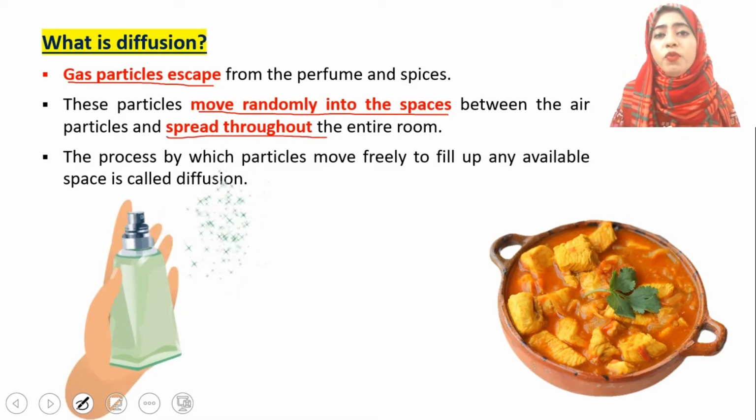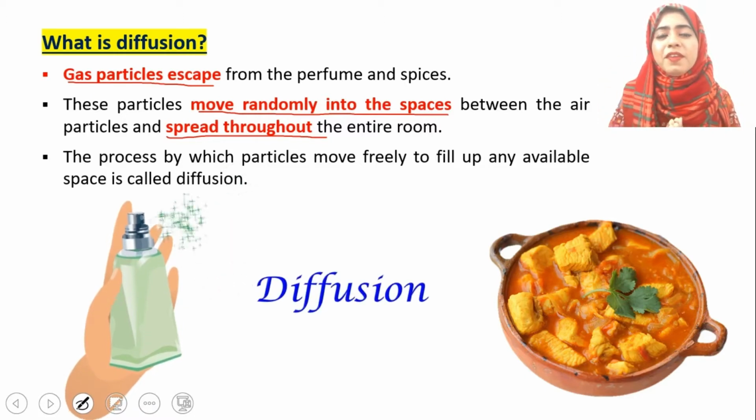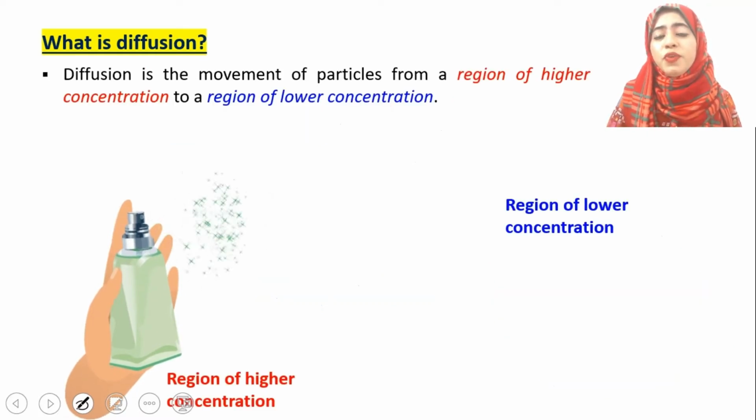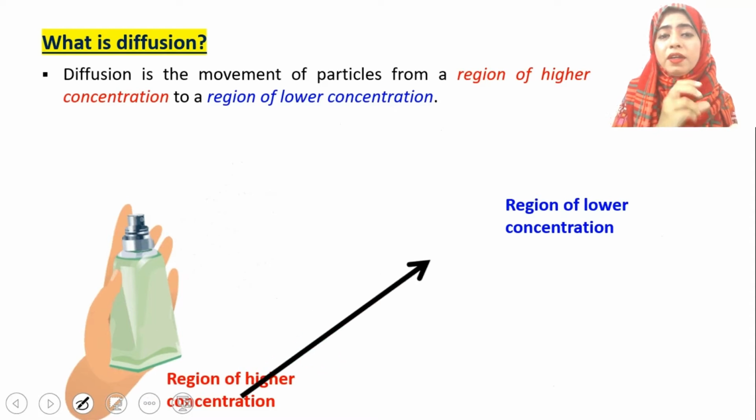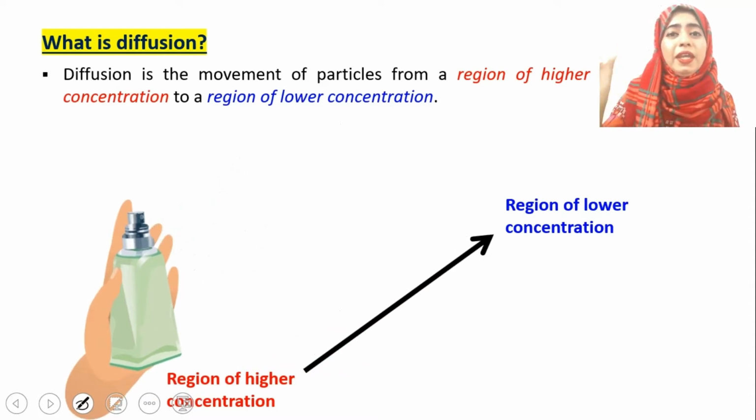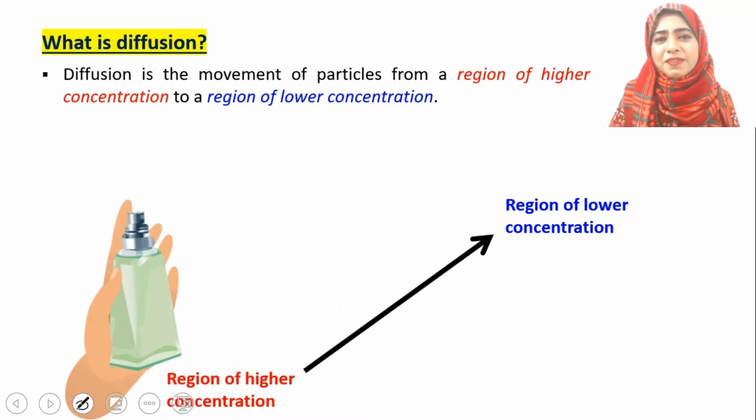This process of particles moving freely to fill up all the spaces available in the room is known as diffusion. So we can define diffusion as the movement of particles from an area of higher concentration to an area of lower concentration.